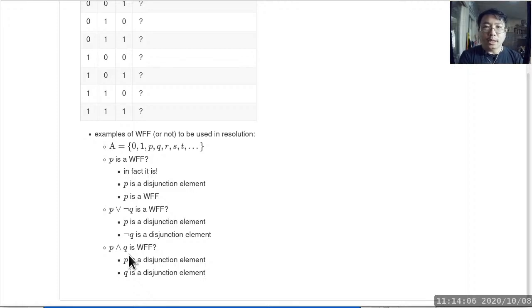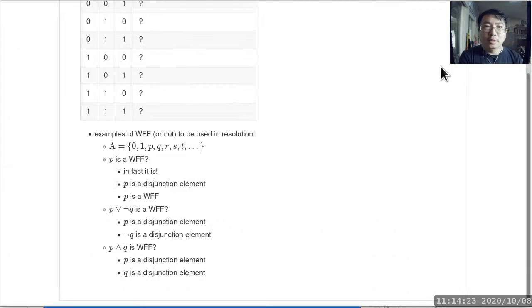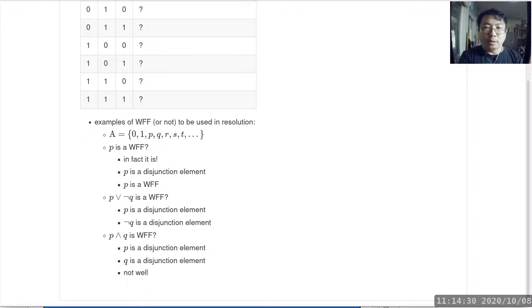But we are looking at a conjunction between two disjunction elements. Wait, hold on a second. If you look at omega 2, conjunction is not even an operator that we are allowed. Oh, okay. So that means this cannot possibly be well-formed, because conjunction is not even in omega.